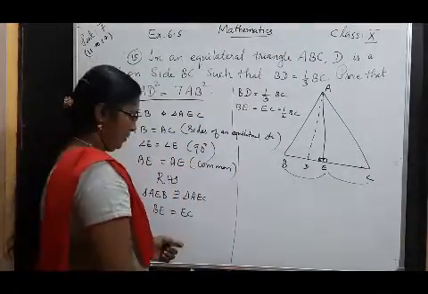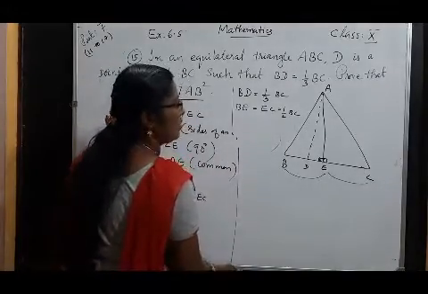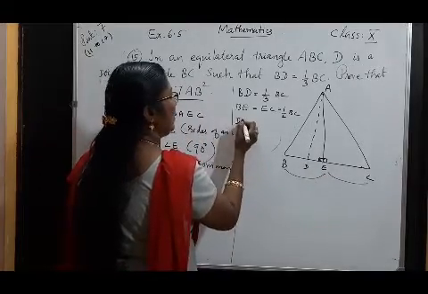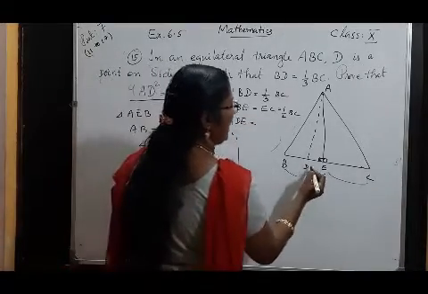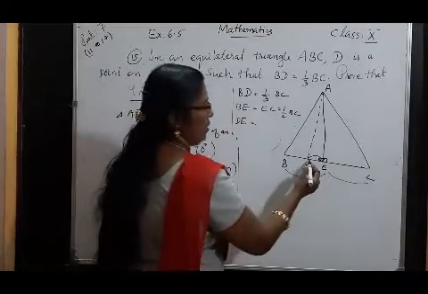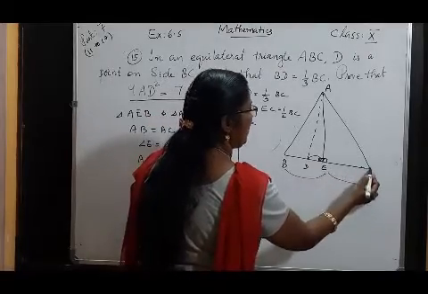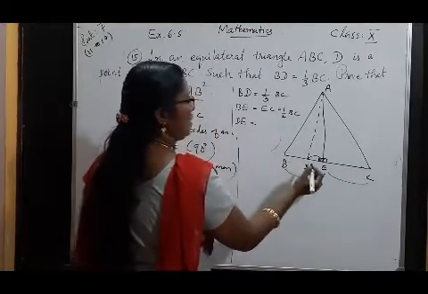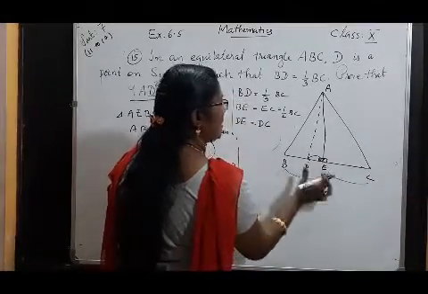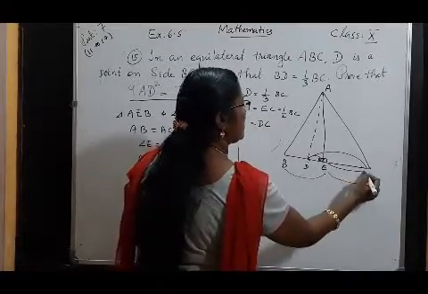Okay. Then what about D? This DE equals DC minus EC, the total DC minus EC.